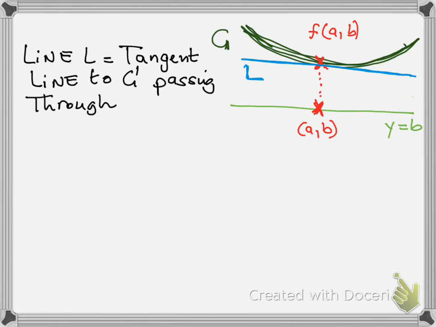The point f of AB, so the line L passes through f of AB here. This line L, of course, has a slope.